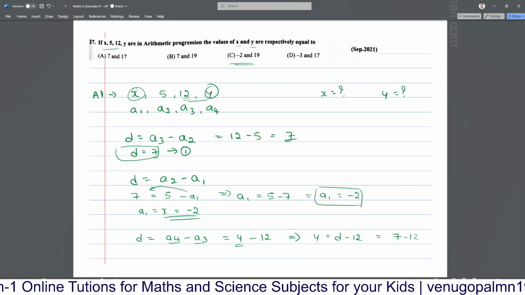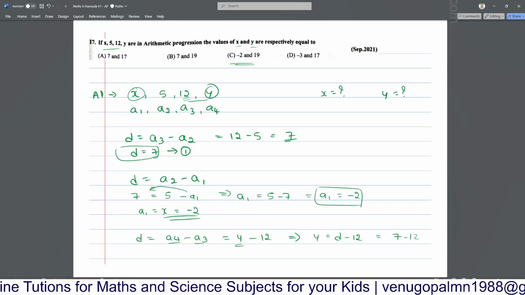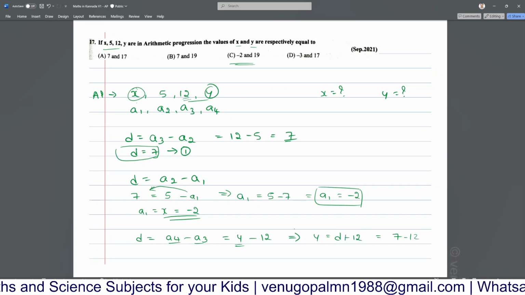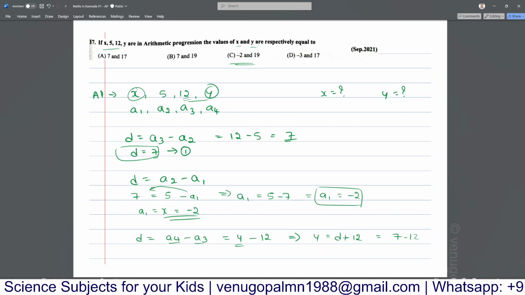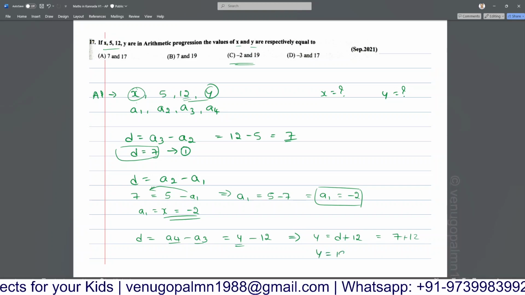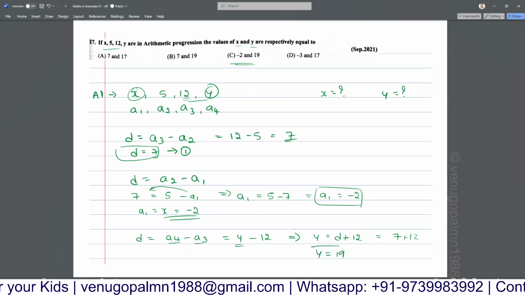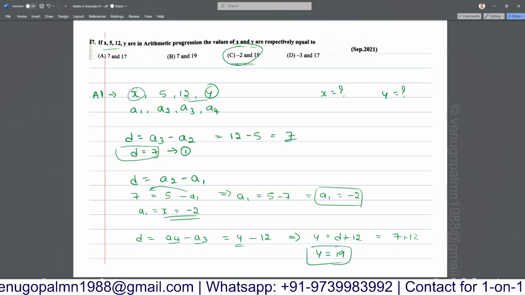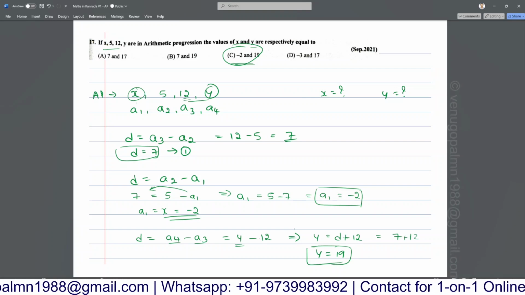So y minus 12 is equal to D, and D we know is 7. So y minus 12 equals 7, and y will be equal to what? This minus 12 will become plus: 7 plus 12. So now y is equal to 19. Got it, guys? So the right answer is option C.